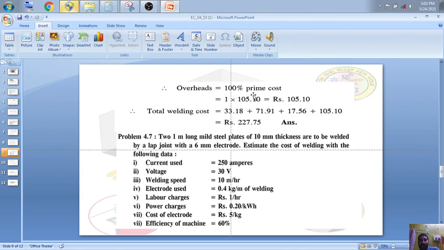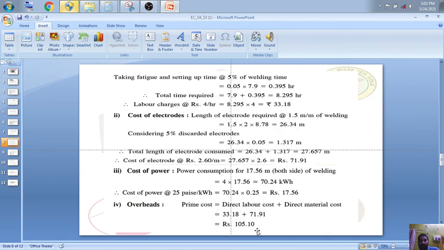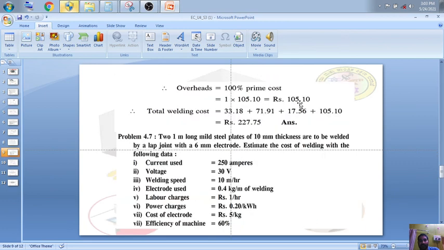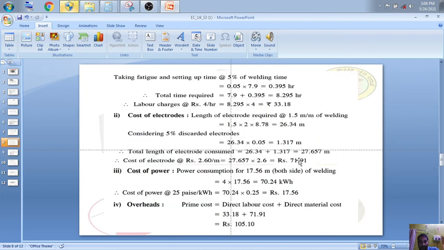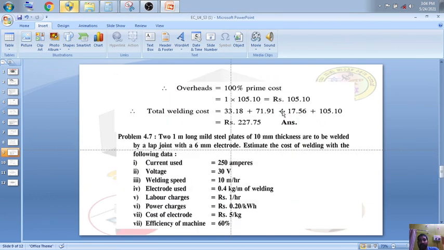Overhead charges is 100% of prime cost, so 105.10 again.